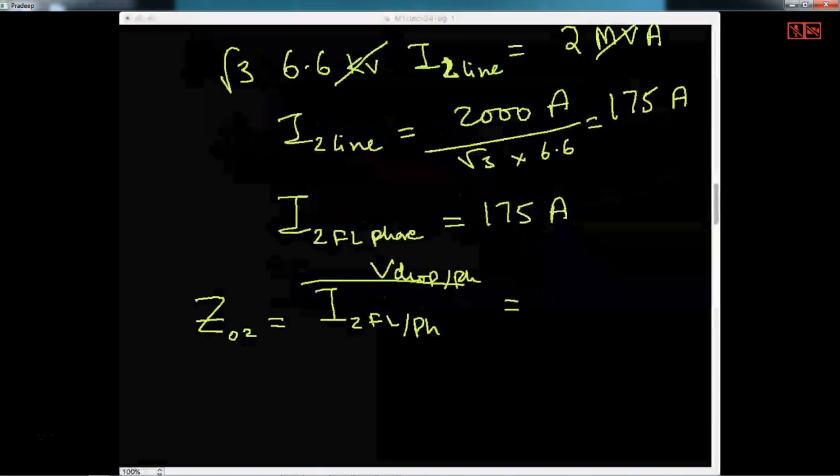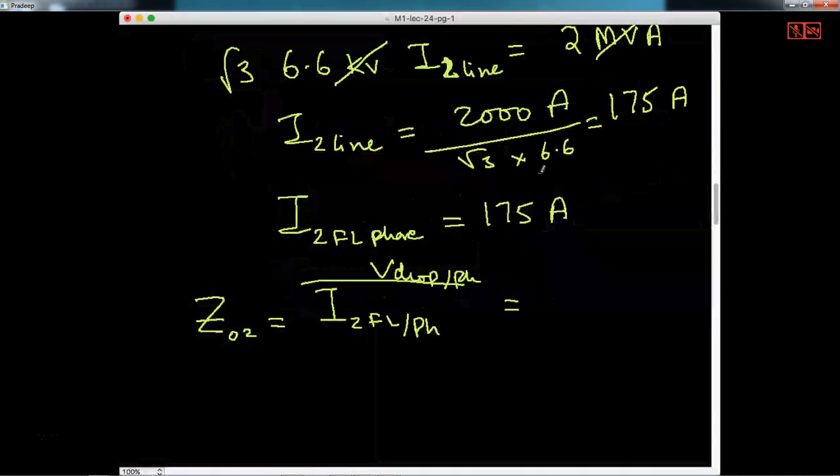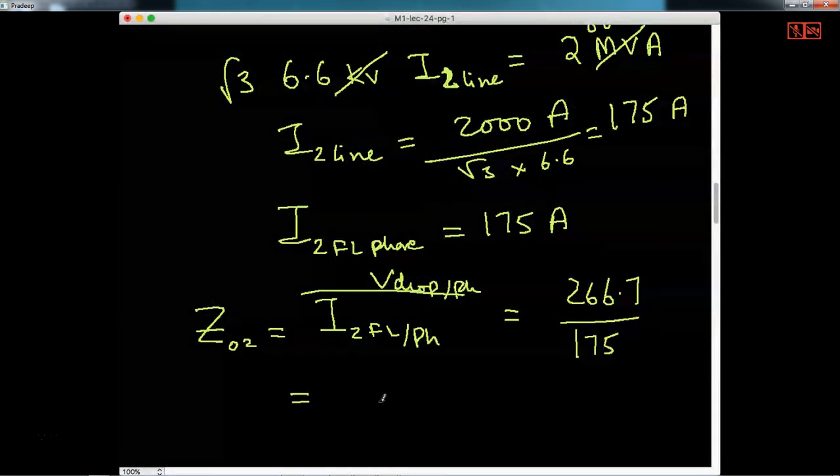So the voltage drop I had got earlier is 266.7 divided by 175 amperes. So this will be how much? So I'm getting 1.524 ohms. So like this, I had calculated the Z02 and I also calculated the R02.